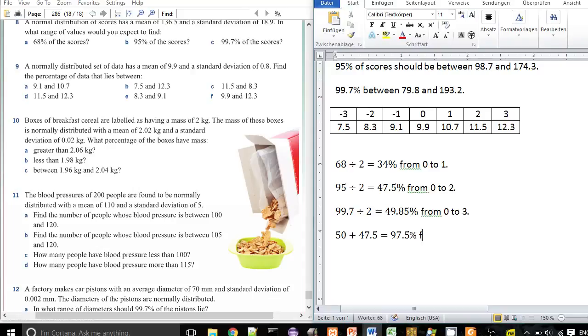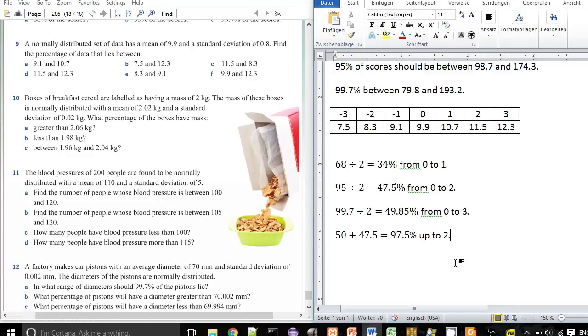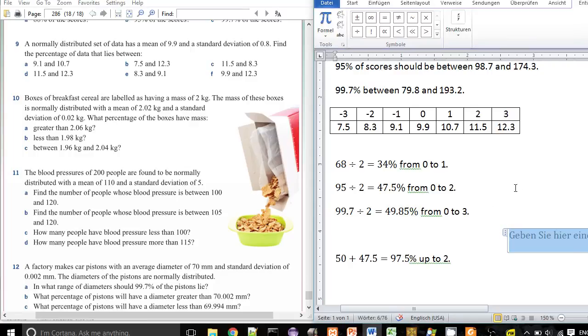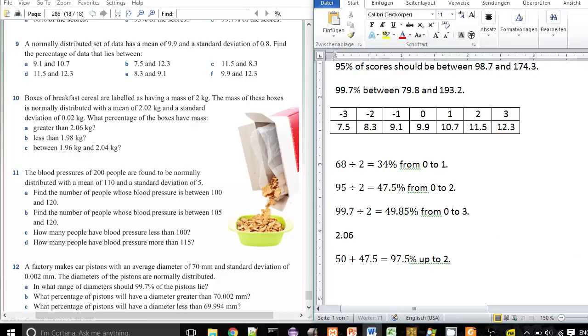And that's up to a Z score of 2. Maybe here let's write, 2.6 kilograms has a Z score of 2, because that's how far above the mean it is.